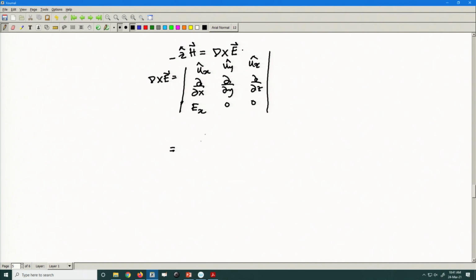So, that will become, you see, for u x there is no component. With u y we will have del E x del z, and with u z we have one component del E x del y, but there is no variation with respect to y. So, there will be no component along the z direction.